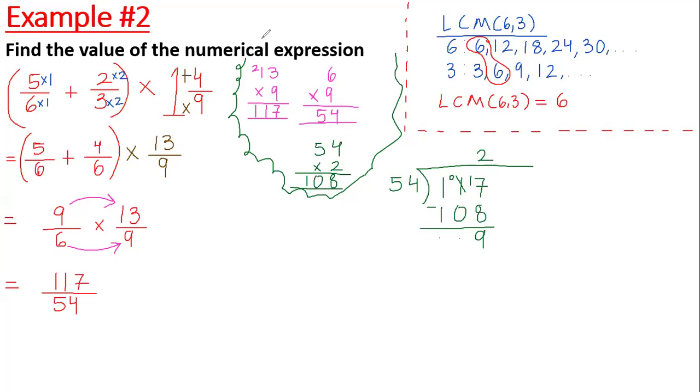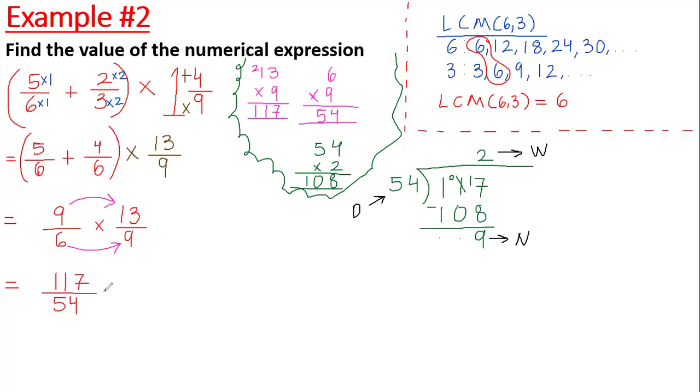And so now we're gonna convert this into a mixed number. What's the whole number? 2. What's the numerator? 9. What's the denominator? 54. Very good.